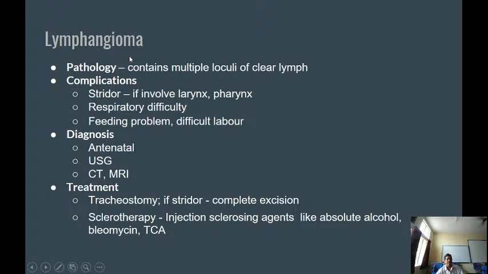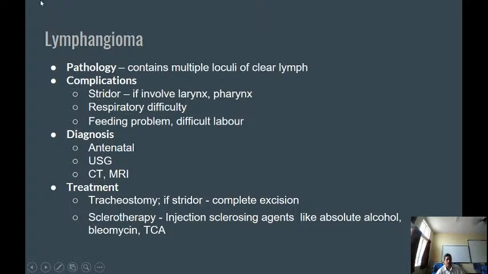The treatment is by excision of the entire cyst. Sometimes, if it's a big swelling, you may use sclerotherapy, wherein you inject sclerosing agents which form some kind of adhesions, and so the size of these cysts comes down, which is amenable for surgical excision.